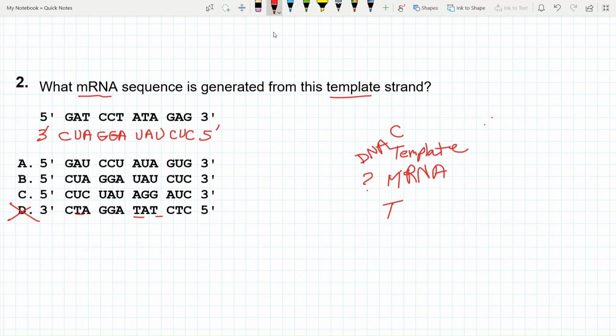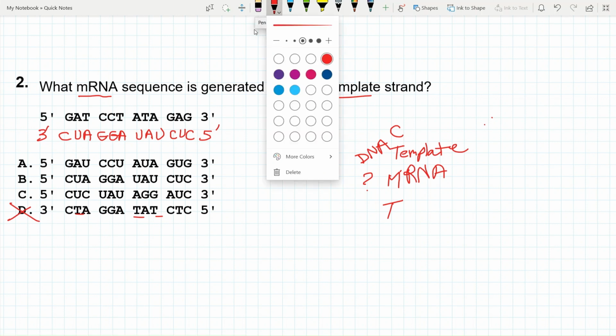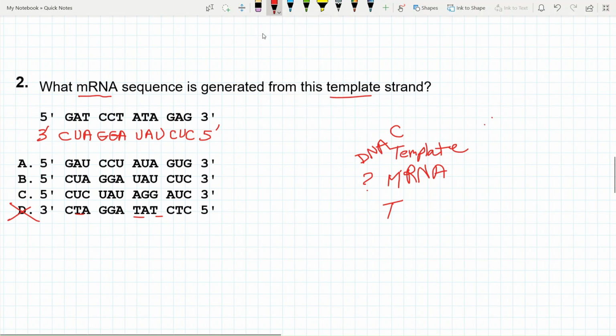Now, the point I want to get across is that every sequence is equal to itself when you write it backwards, but it has to be consecutively backwards. And so this is how it will look. We're just going to start at the 5 prime end and then work our way to the 3 prime end.